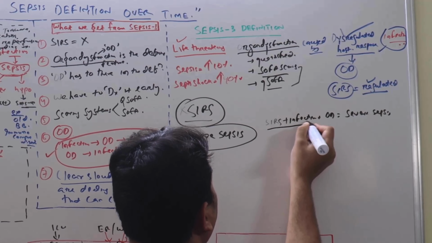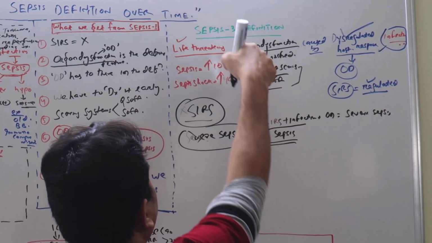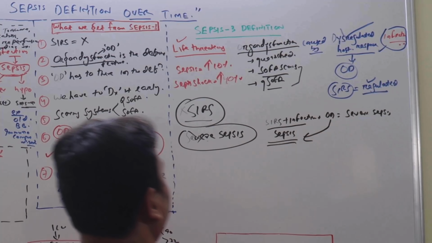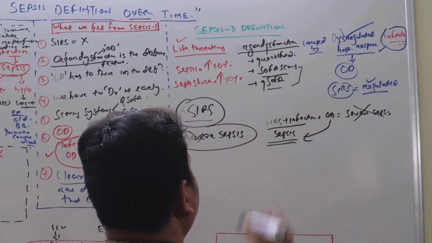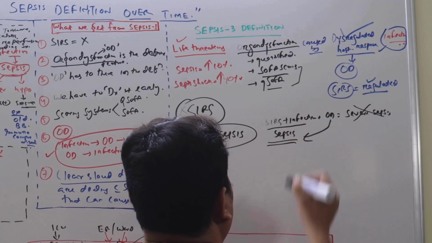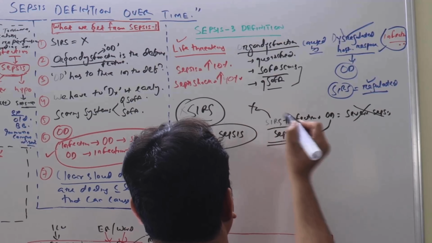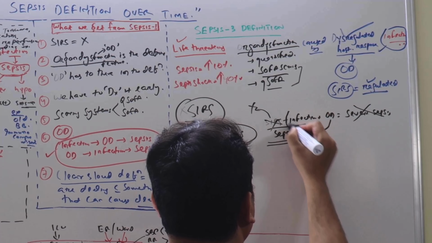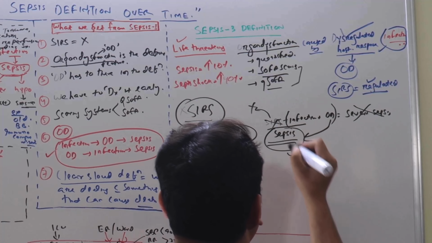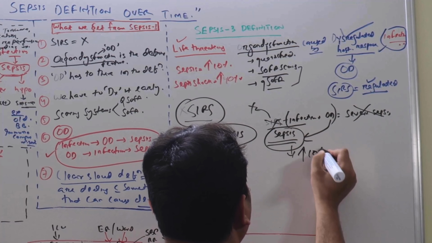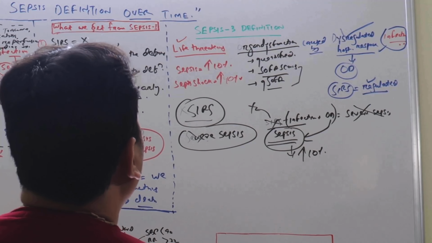But now sepsis in the definition itself contains organ dysfunction. So there is no place for severe sepsis in the Sepsis-3 definition. Because sepsis is so non-specific, SIRS is also not there. So now infection plus organ dysfunction is sepsis, and it is life-threatening. Once you diagnose sepsis, mortality increases by 10%, septic shock 40%. Right?